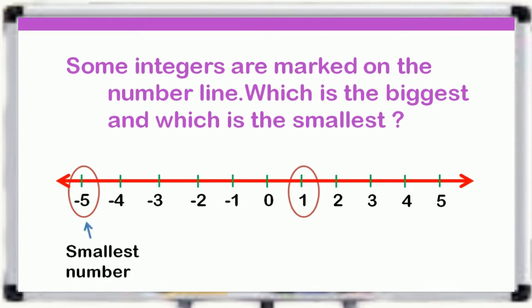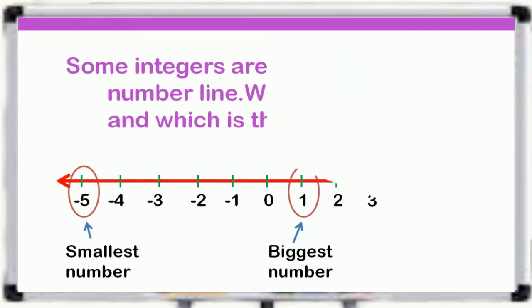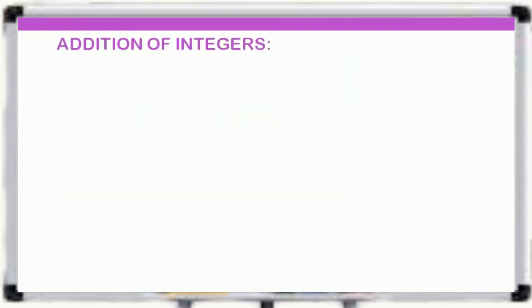Yes, -5 is the smallest number, 1 is the biggest number, because positive numbers are always bigger than the negative numbers. So now move on to another topic, that is addition of integers.